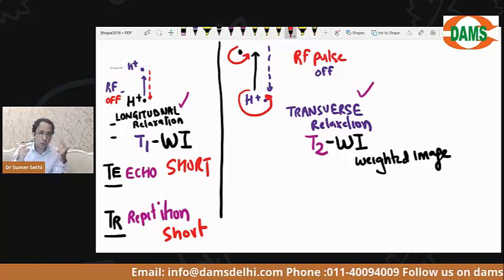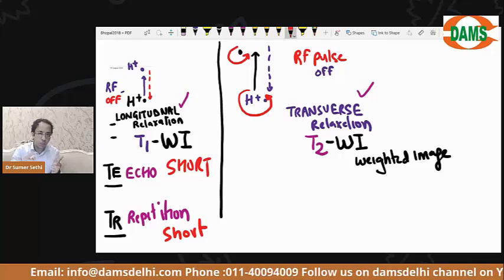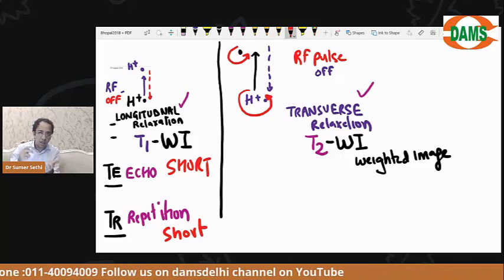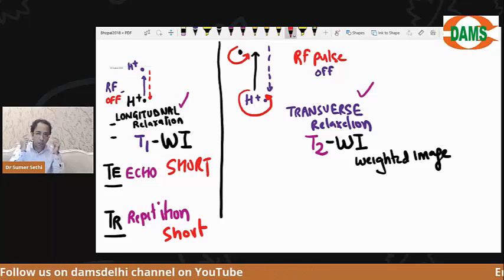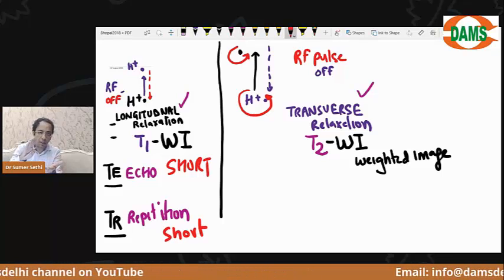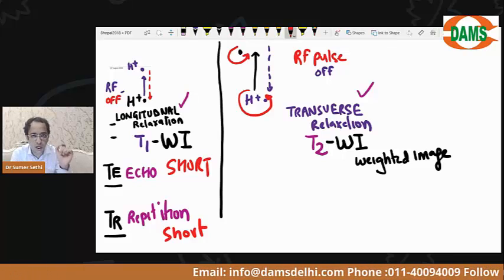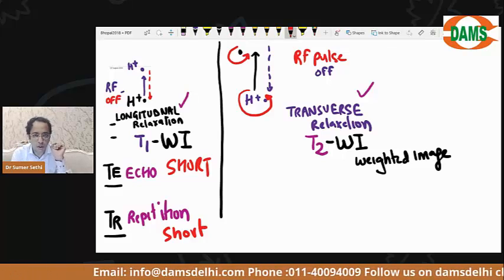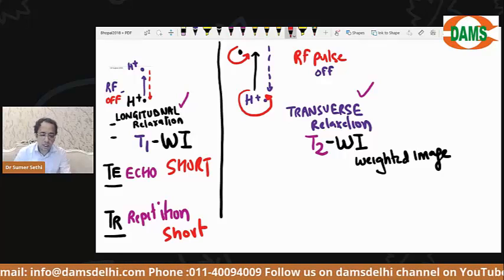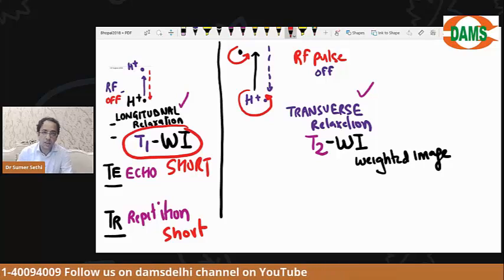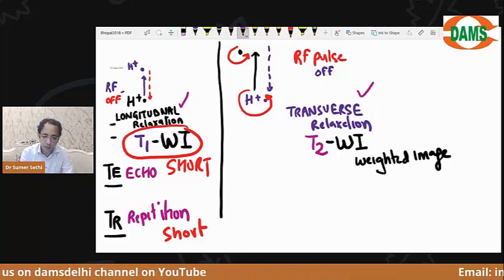You must have heard those noises when you went into the MRI machine once, or heard of somebody in your family getting an MRI done. So if you apply short duration RF pulses at short repetition time, the resultant image is primarily based on longitudinal relaxation. We call it a T1 weighted image.